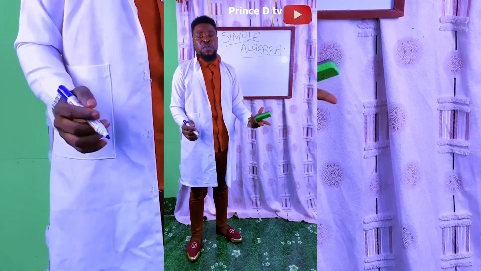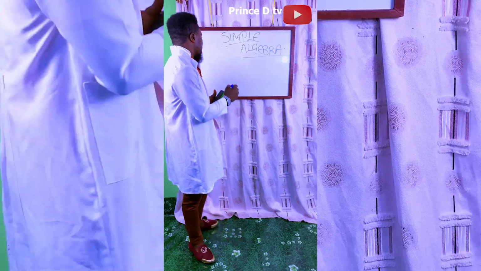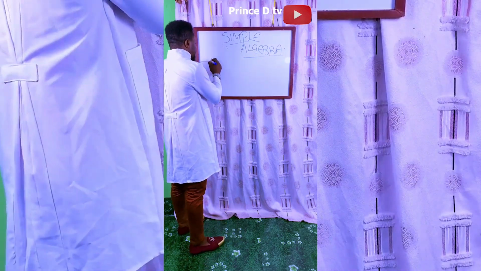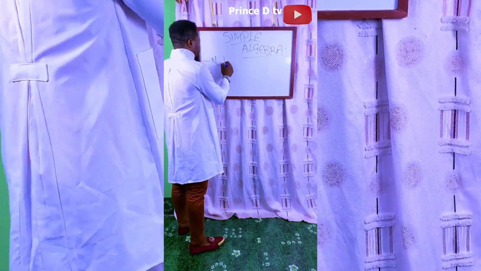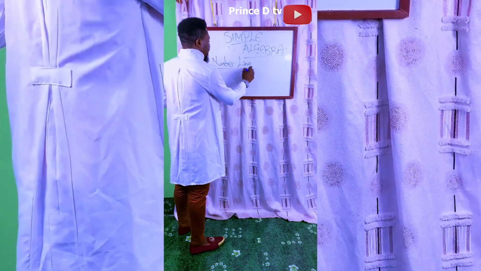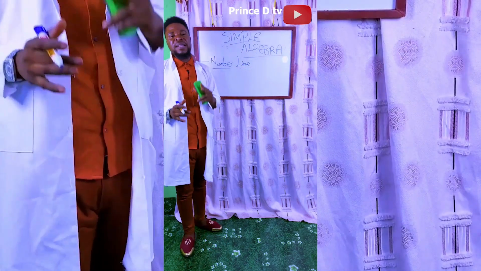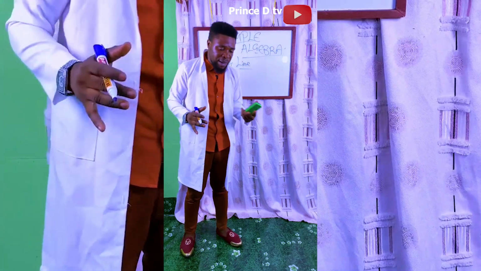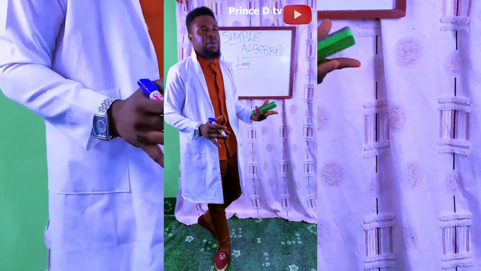Now again, we'll be going directly into examples to understand the core of what is needed. For example, I would like us to talk about the number line. It's very necessary when it comes to simple algebra.